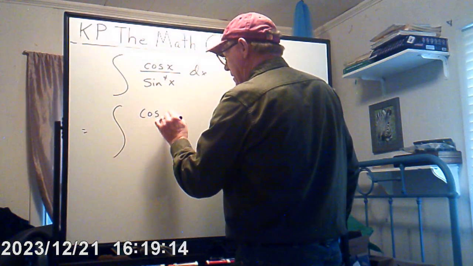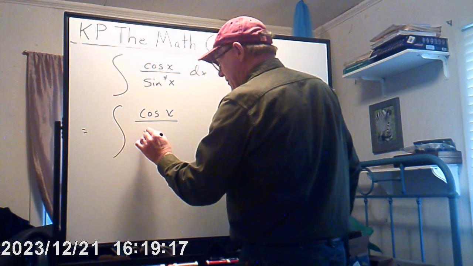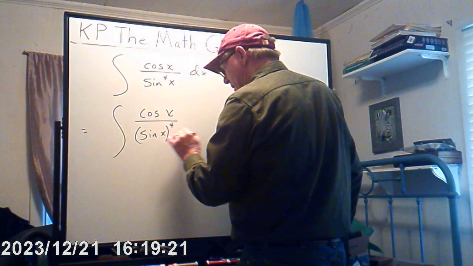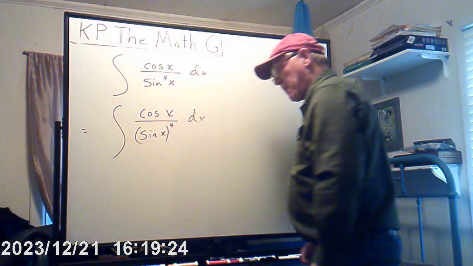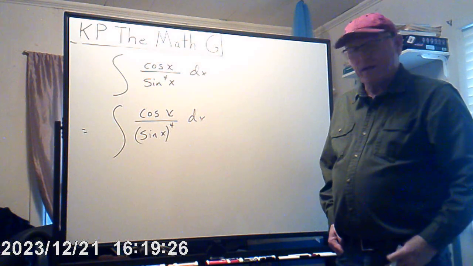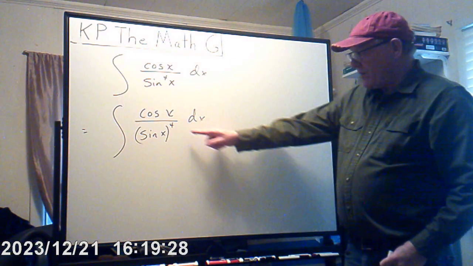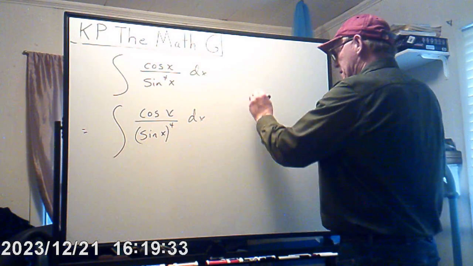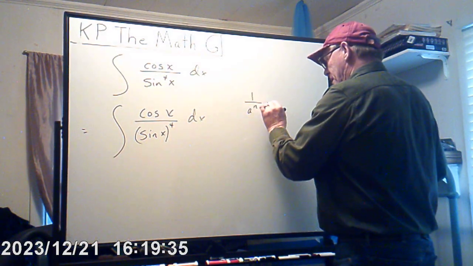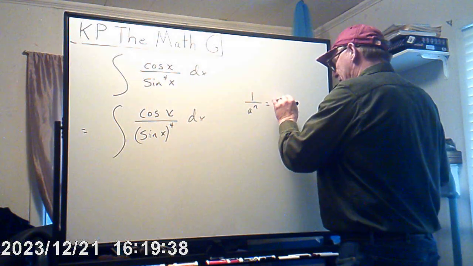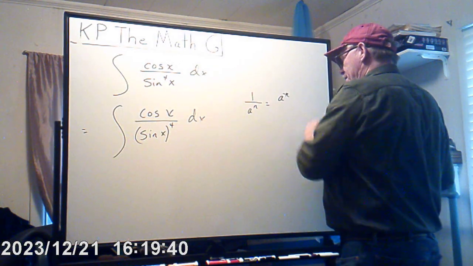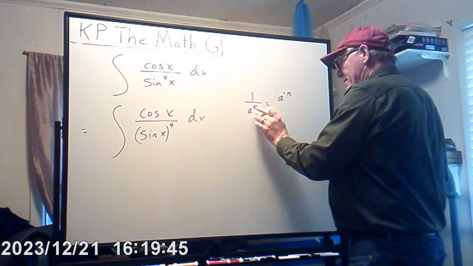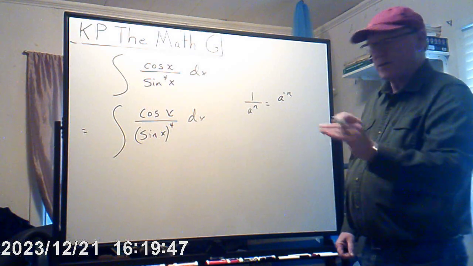Alright, cosine x over sine x. I want you to understand that you can put the whole thing to that 4th power right there. Alright, you see that? And if you have a denominator right here, well, there's a rule that says 1 over a to the n is a to the negative n. And I'm saying that n is a positive number. It's greater than 0.